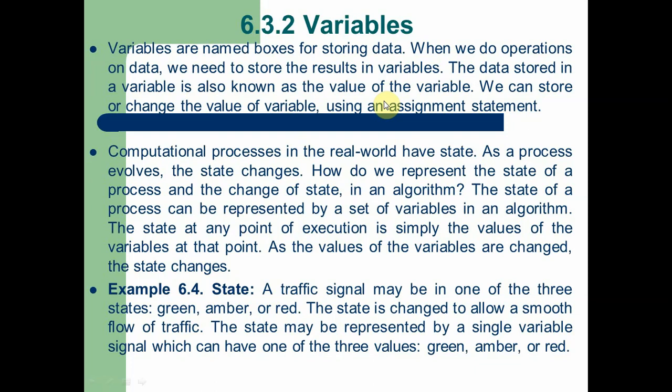For example, take a traffic signal. You can see there is only one pole which shows three different colors like green, amber or red. So the pole is an example for a variable, and green, amber and red colors are examples of values which we store inside that memory box.